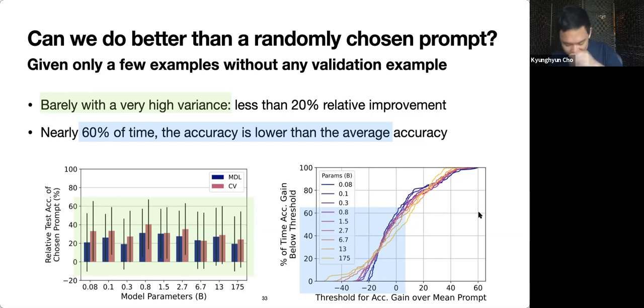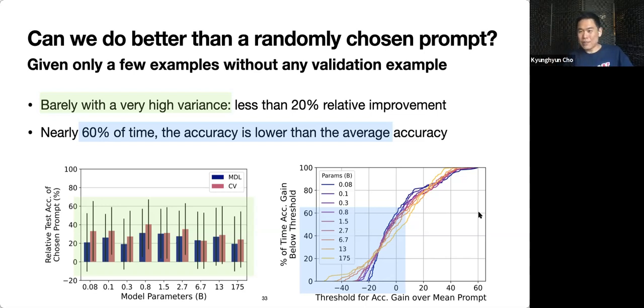So instead, what we looked at is how often we expect a selected prompt to result in a worse accuracy than a randomly selected prompt. It turned out that about 60% of the time, the accuracy using the selected prompt was lower than the average accuracy over the randomly selected prompts.